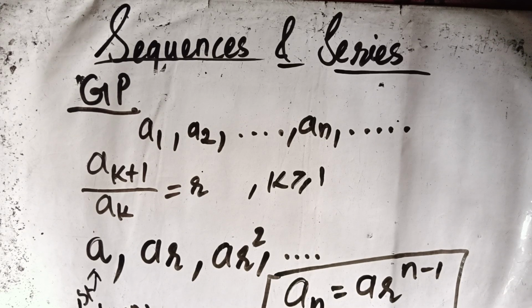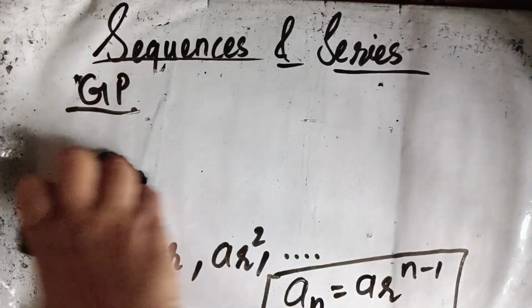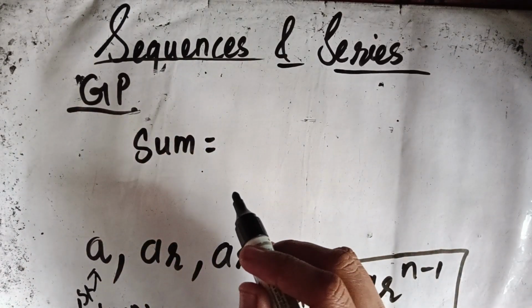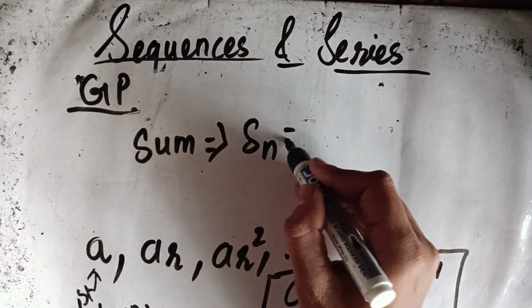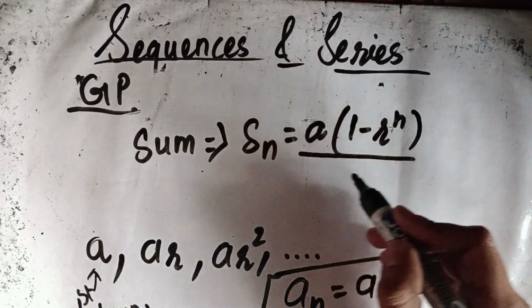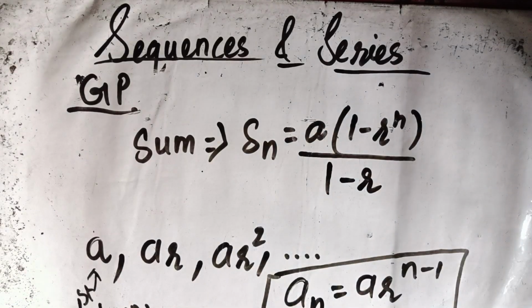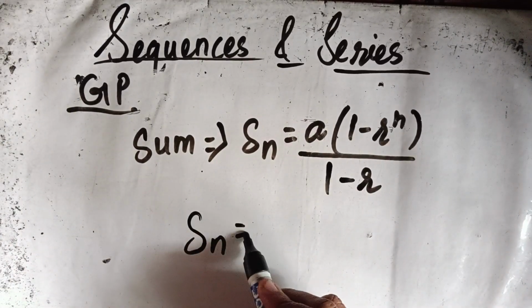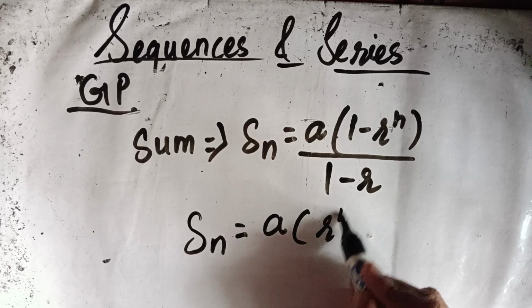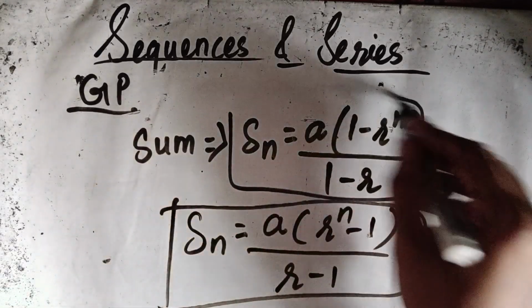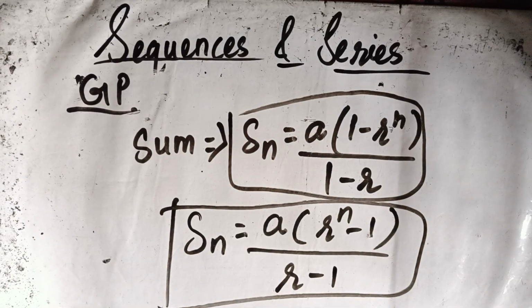Series, that is the sum of the terms in GP, is given by Sn equal to A into 1 minus r raised to n upon 1 minus r, or we can write Sn equal to A into r raised to n minus 1 upon r minus 1. Okay, so these are the two formulas. Any one of these you can use.